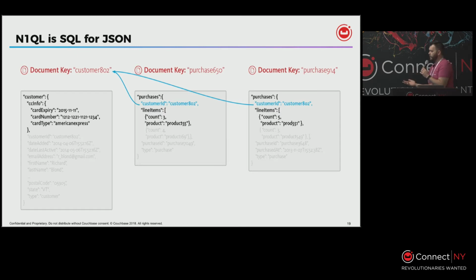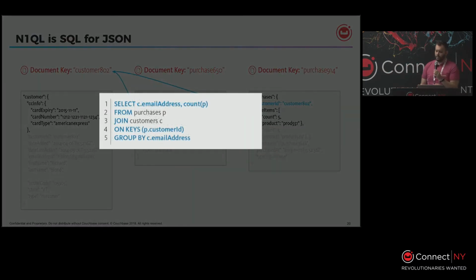So as an example here, we have a customer who has two different purchases or orders, right? What we're able to do is a simple select statement where we want the email address and a count of the orders from our purchases bucket that we are going to perform an inner join on the customer's bucket using the keys from the purchases bucket where the customer ID is a property in the purchases bucket.